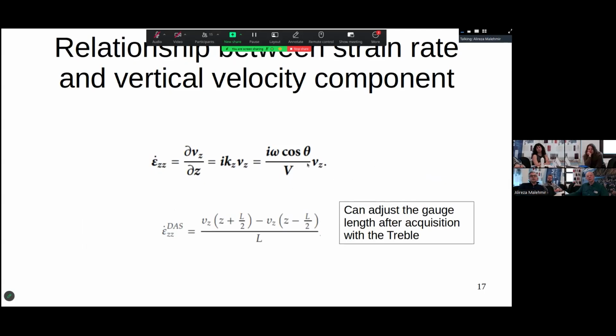We have here the measured vertical velocity, and we have the velocity of the rock here. From measuring the velocity with the Terra 15, we can then calculate the strain rate after the data have been recorded. So we can modify the gauge length after recording, which sometimes can be an advantage. We don't have to determine it from the start.